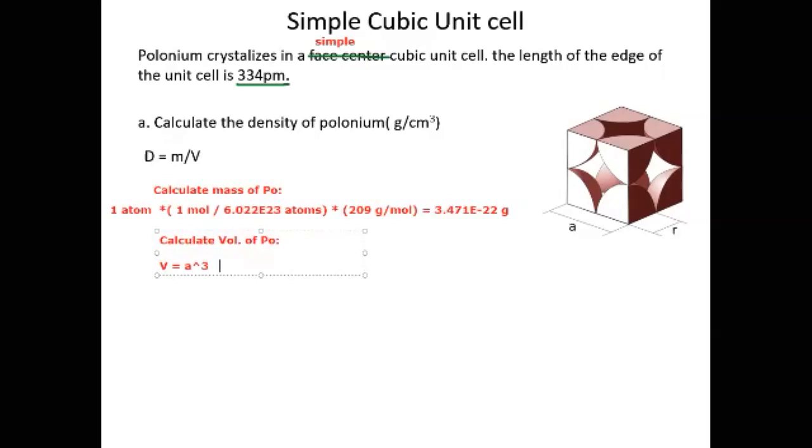What we have to remember is that A is in picometers, but we want density in grams per centimeter cubed. So we need to convert this A into centimeters. So if we want to convert it to centimeters, we have 3.34 e to the second picometers.